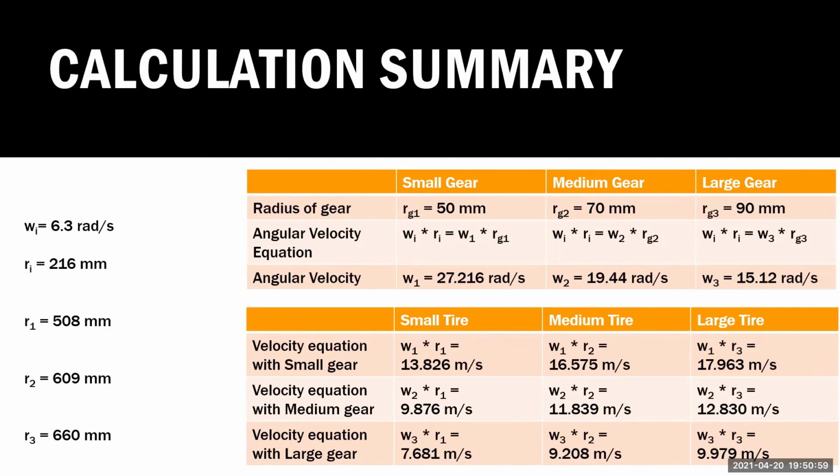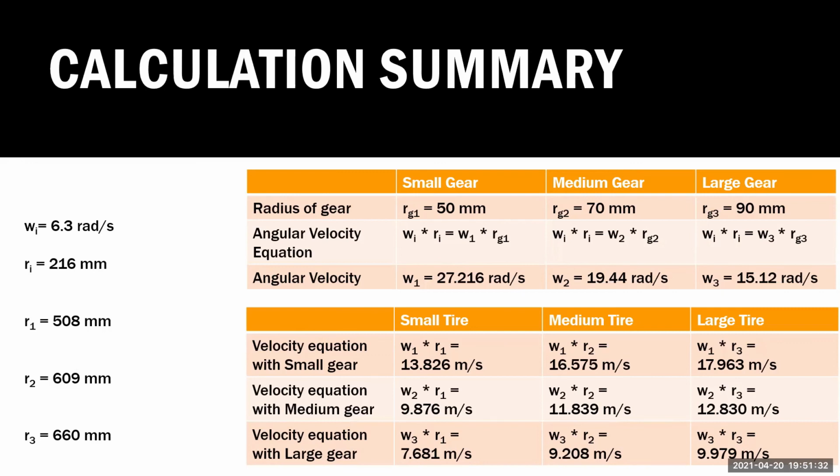So in there I put the angular velocity equation using the main gear that the pedals are acting upon with each of the individual gears, the small, medium, and large, and solve for the angular velocities of the small gear, medium gear, and large gear. As you can see, the first one for the small gear is about 27.2 rads per second, medium gear is about 19.4 rads per second, and large gear is about 15.1 rads per second.